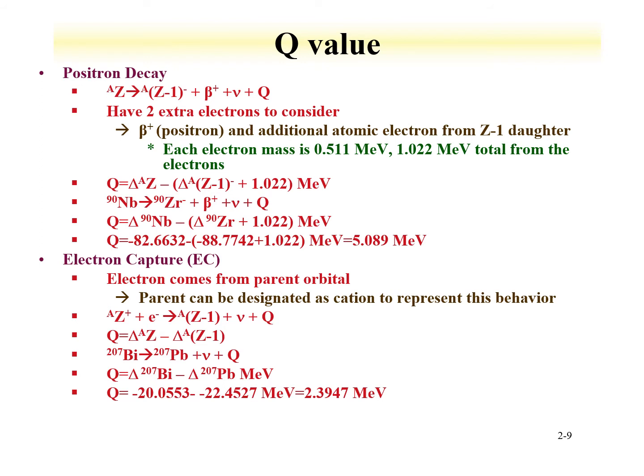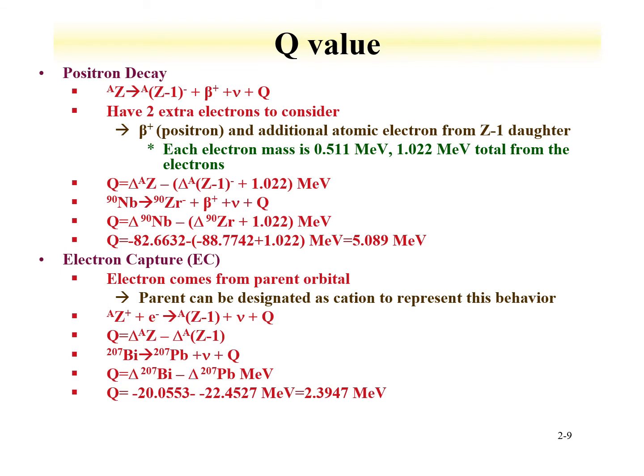So we need to consider this term, 1.022 MeV total from the electrons. So we look at a Q value. It's equal to the mass of the parent minus the mass of the daughter, plus this 1.022 MeV, which accounts for the two extra electrons.